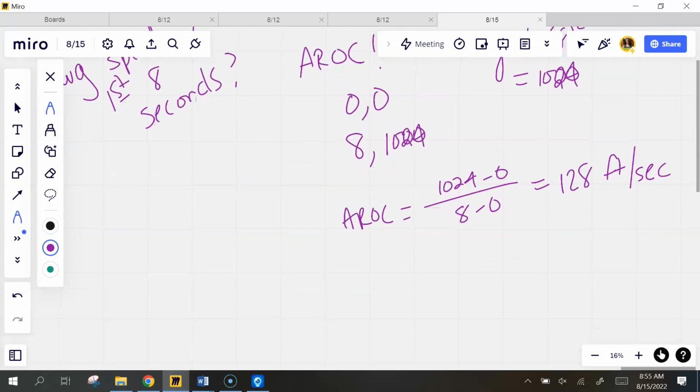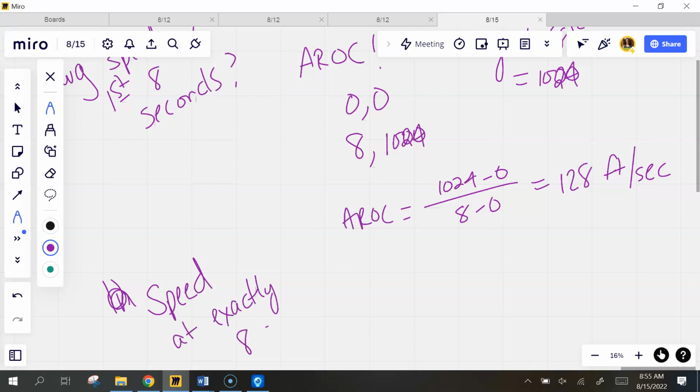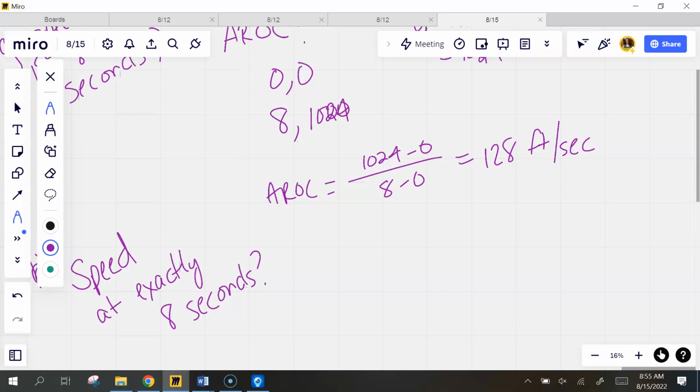What's the speed of the rock at exactly 8 seconds? Remember, this is where I want my delta x to be 0.